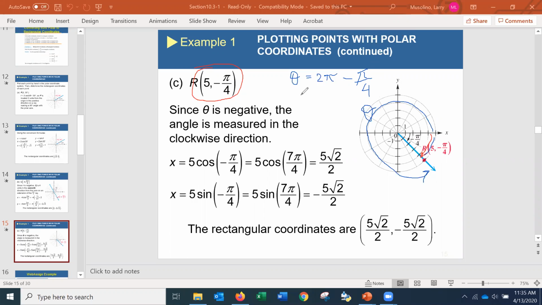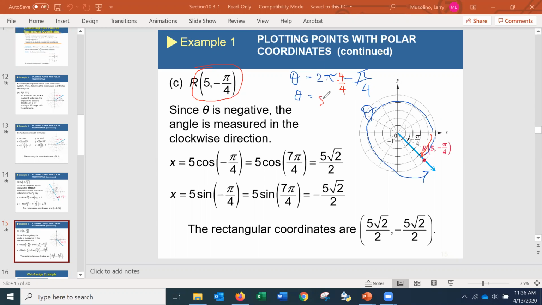All right, well, if I want to figure this out, let me change 2 pi to have a denominator of 4. Remember, when you subtract fractions, you have to have the same denominator. So I'm going to multiply this 2 pi by 4 over 4 in order to get the denominator I want.